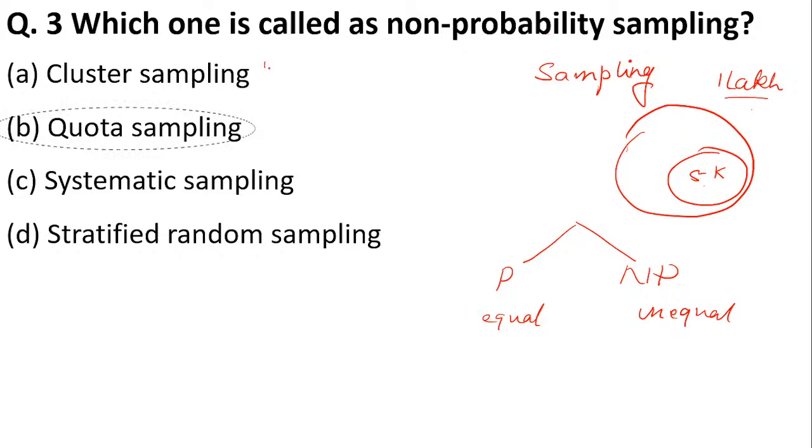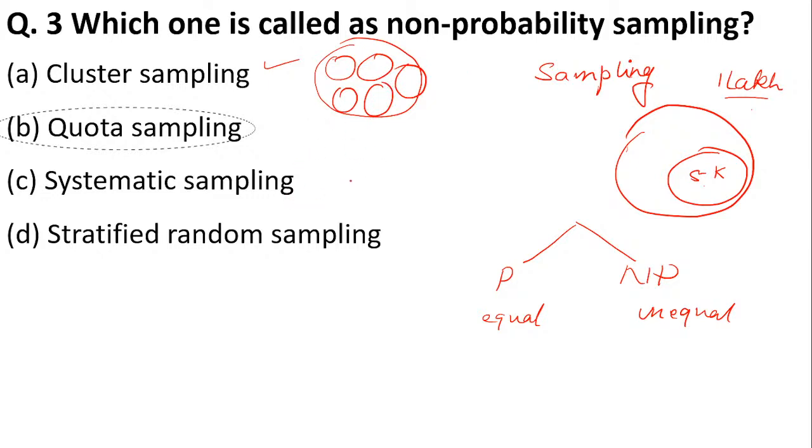Cluster sampling is a probability sampling method. In cluster sampling, if there is a large population, you divide that population into subgroups and then you select any one sample.